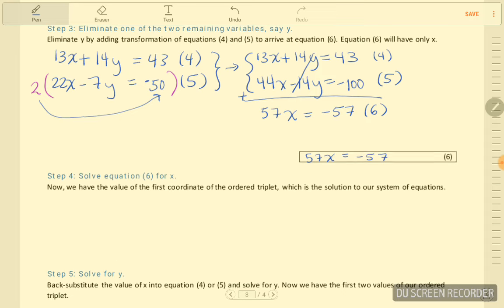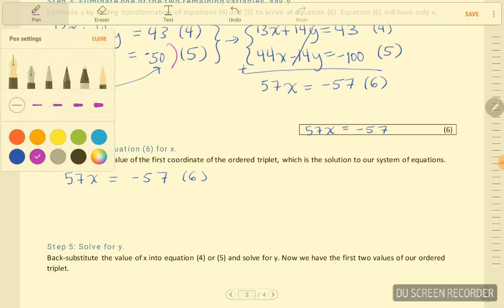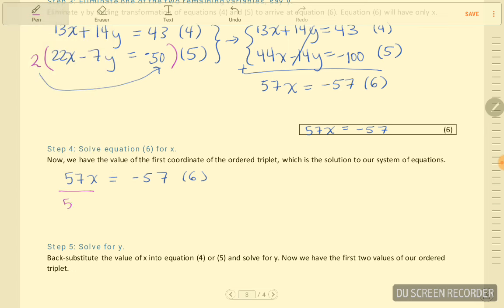Then the next step says, now we have the value of the first coordinate of the triplet, which is the solution to our system of equations, because we're going to solve equation 6 for x, and then we will have the first coordinate of the triplet. So 57x equals negative 57, my equation 6. Divide both sides by 57.